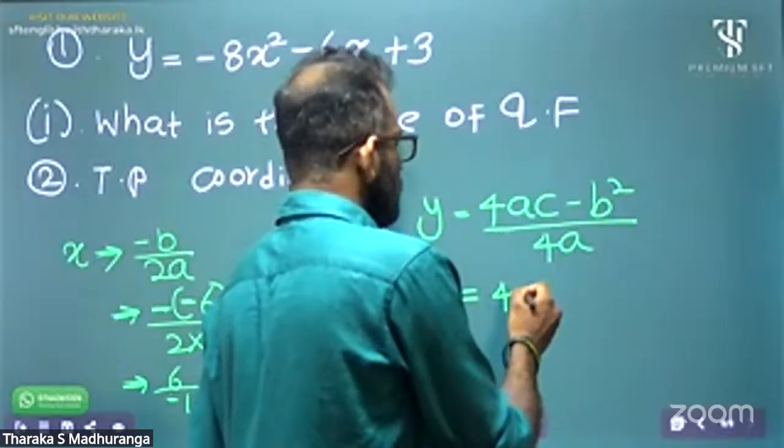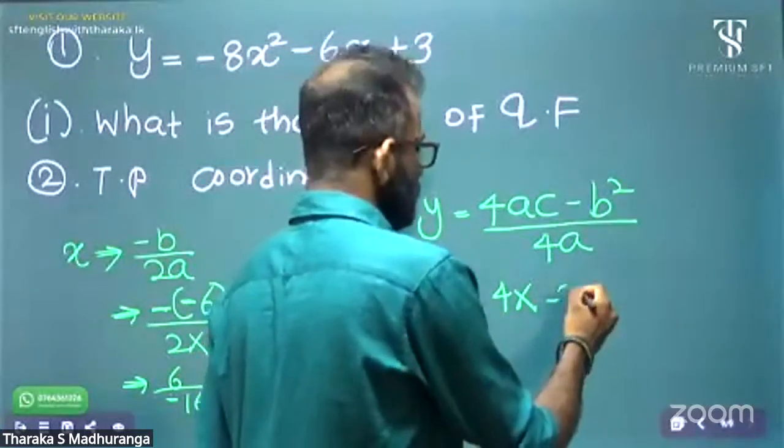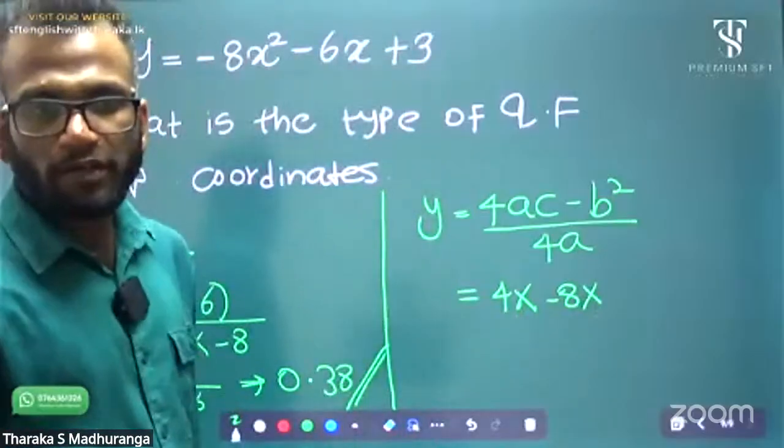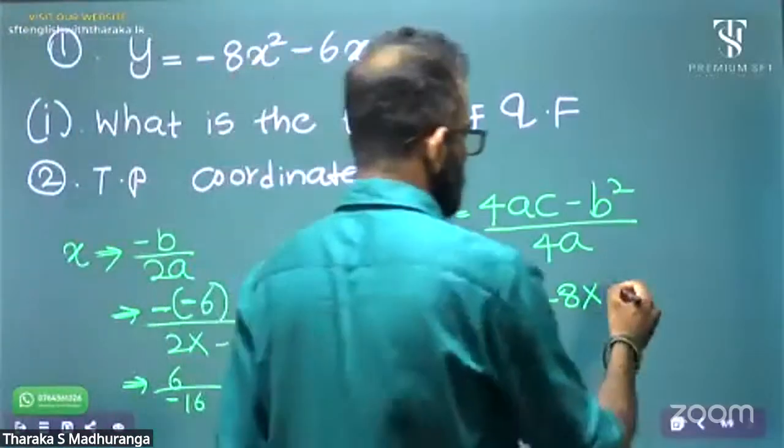Okay, 4ac: 4 into the a value, minus 8, and c is 3.